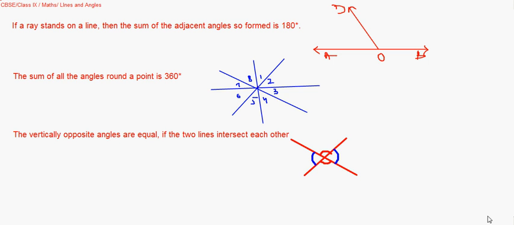Let us take up questions based on at least these few theorems. I move on with a clear screen to write a question. A figure is given for this question, which I draw first and then I write the question.